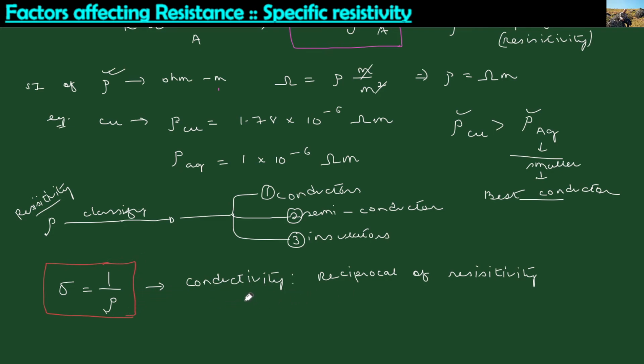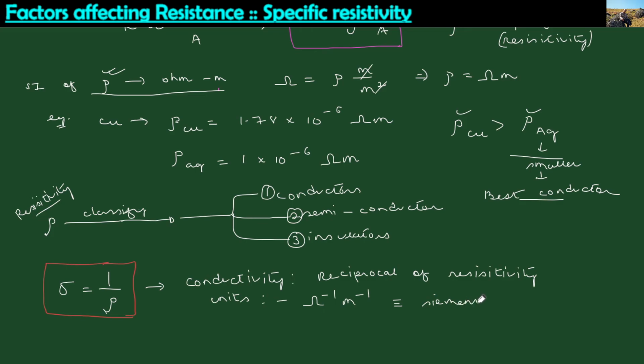And the units for this conductivity, the SI units, since previously the unit for rho is ohm meter, so over here it will be what? Ohm inverse meter inverse, or in short we write as mho per meter, or we can write in another type of unit which is known as Siemens.